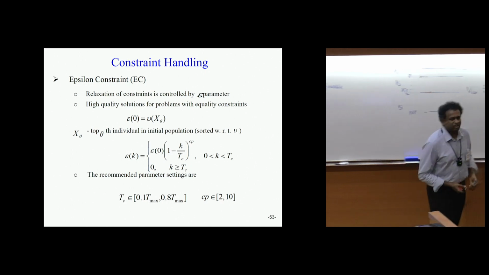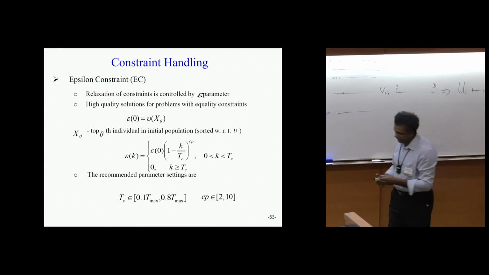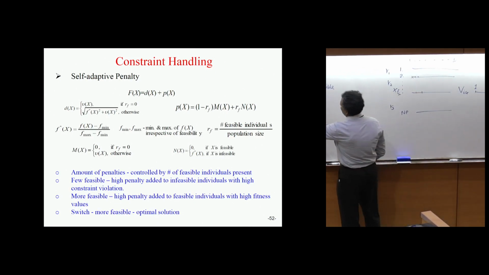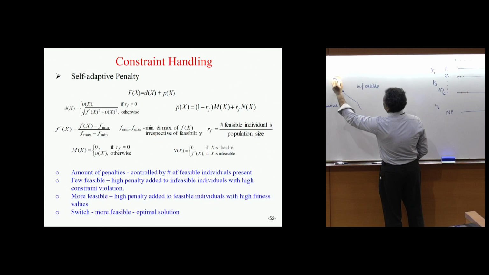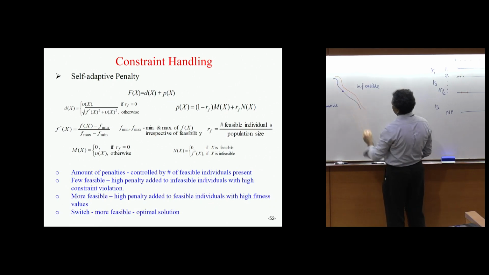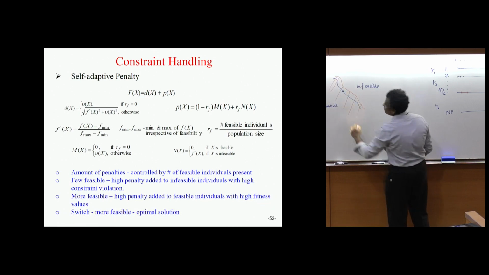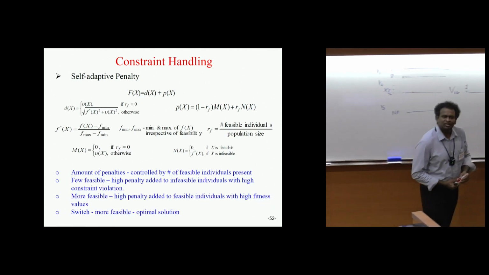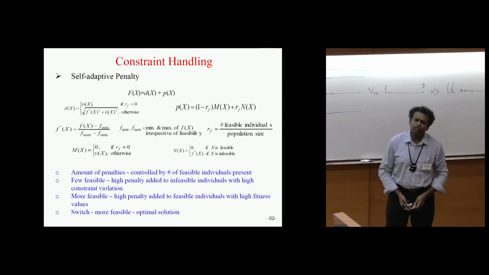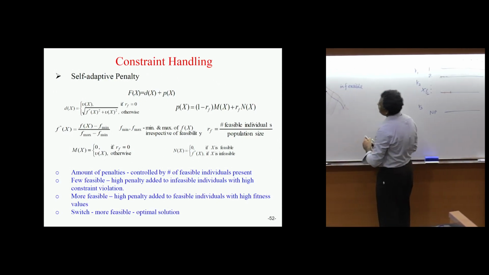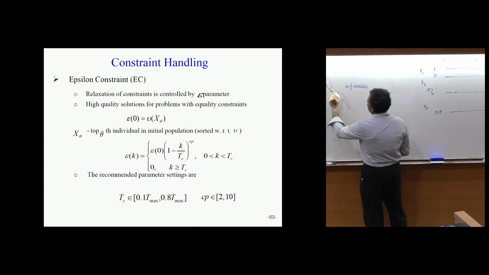What this epsilon constraint handling method is doing is, in the initial stages of evolution, it is going to allow your population to start from here, and it is going to say all these are feasible. Is that okay? So this will make it easier for the evolutionary algorithm. The evolutionary algorithm can generate solutions over all these places and evolve and go here.